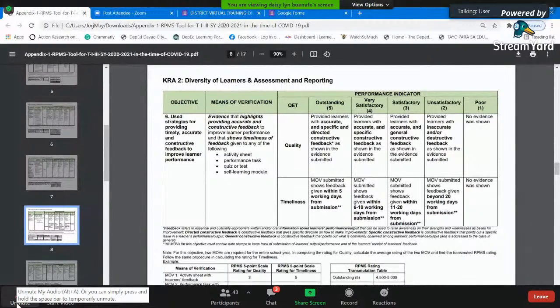So mao gani na ma'am nga ang MOVs nga gamiton, activity sheet, performance task, quiz or test, self-learning module na naay feedback. Kay aron mahibal-an pud unsang klase imong gihimo nga feedback, accurate and specific ba? Undirected constructive feedback para ang iyang score 5. And then very satisfactory kung accurate and specific constructive feedback lang.